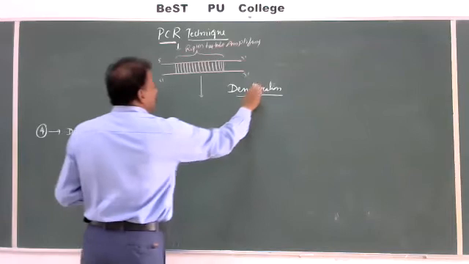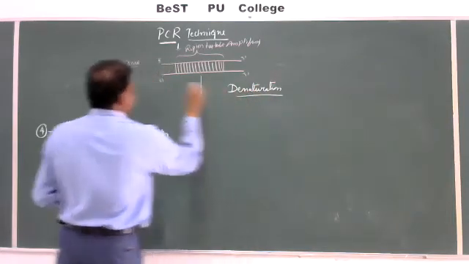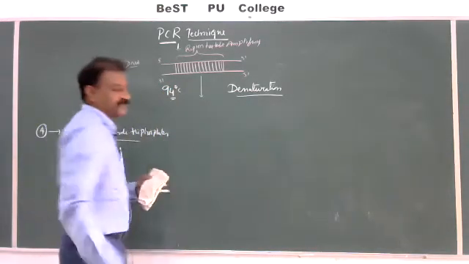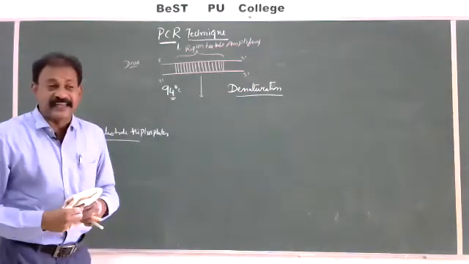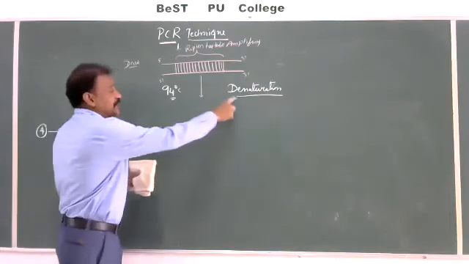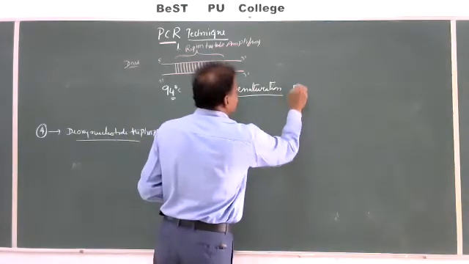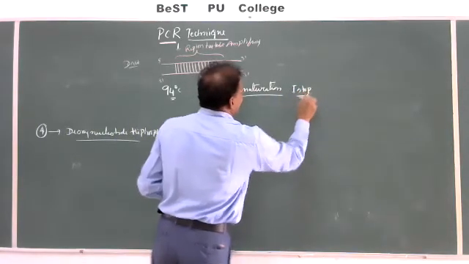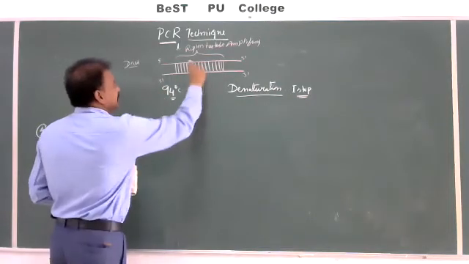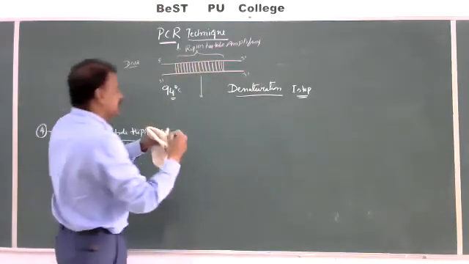Denaturation is a step at a temperature of 94 degrees centigrade in the thermal cycler. These steps are temperature dependent steps, as I mentioned earlier. Denaturation, the first step, requires a high temperature of 94 degrees centigrade. So what happens? The double stranded DNA is denatured and becomes single stranded DNA.